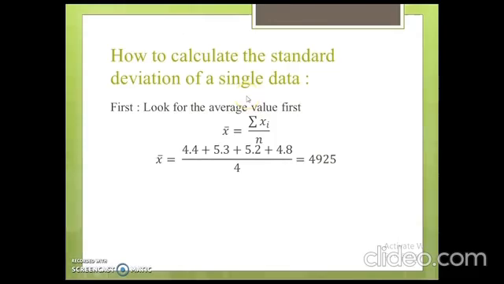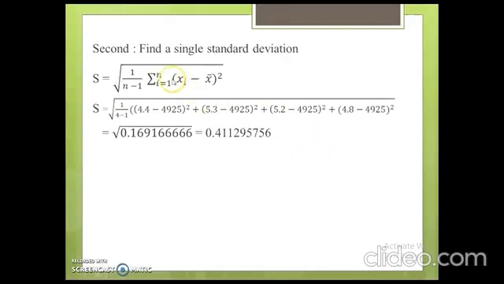How to calculate the standard deviation of single data. First, look for the mean value: x bar equal to sigma x divided by n. Second, find the standard deviation: s equal to square root of 1 divided by n minus 1 sigma xi minus x bar squared.